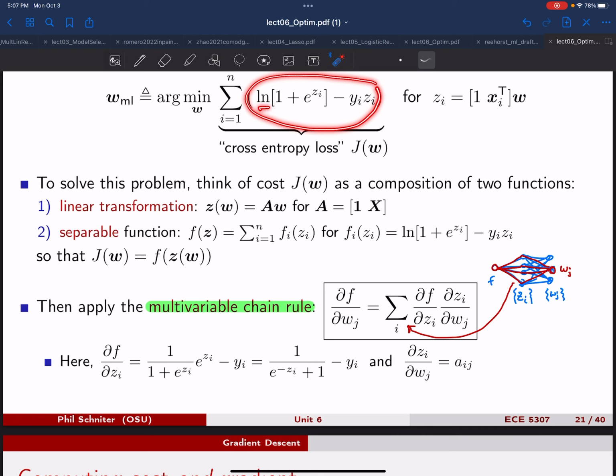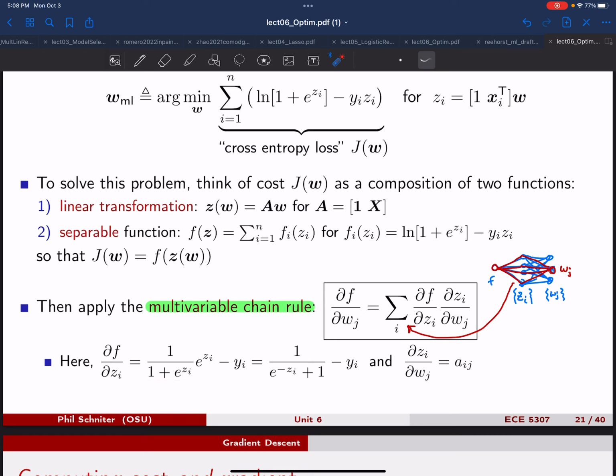So with the log, that means we get 1 over 1 plus e to the zi. And then by the chain rule, we have to multiply that by the derivative of this with respect to zi, which is e to the zi. So that's the first part from the log. This is the second part from the chain rule. And then we take the derivative of this with respect to zi. It's minus yi. Everybody okay with this step?